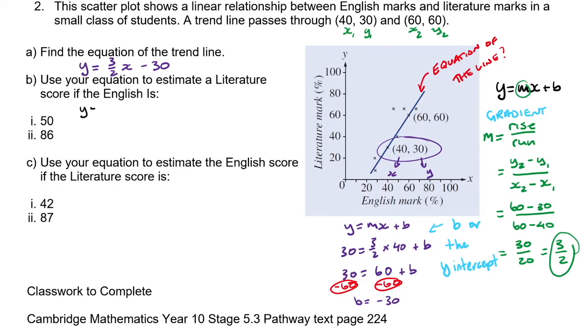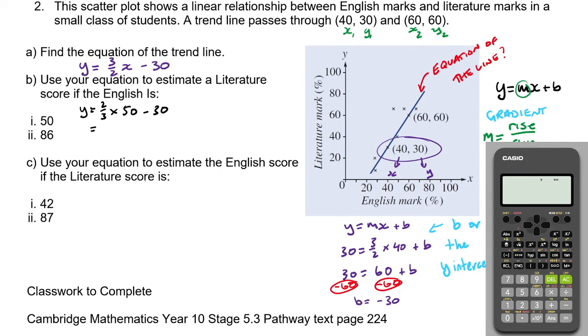So we're going to have y equals 3/2 times 50 minus 30. Okay, and we can actually do that by looking at the calculator.